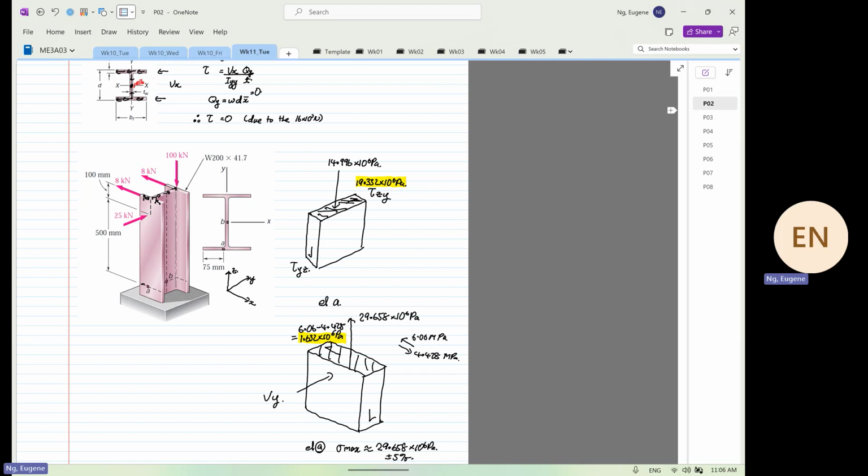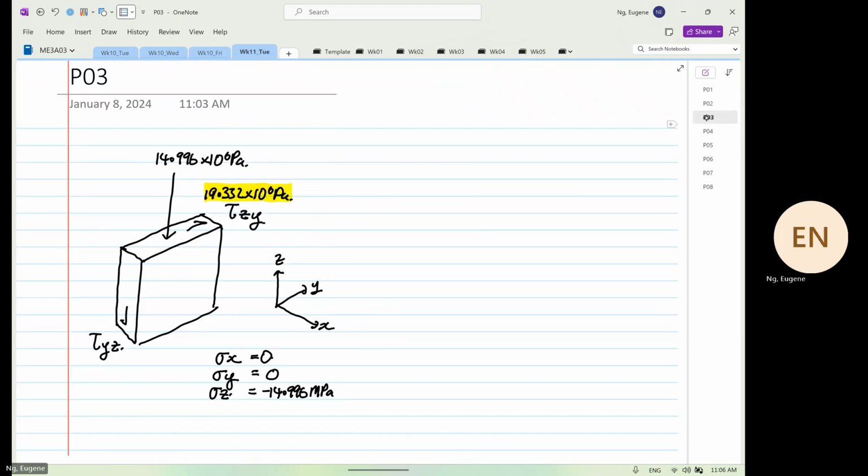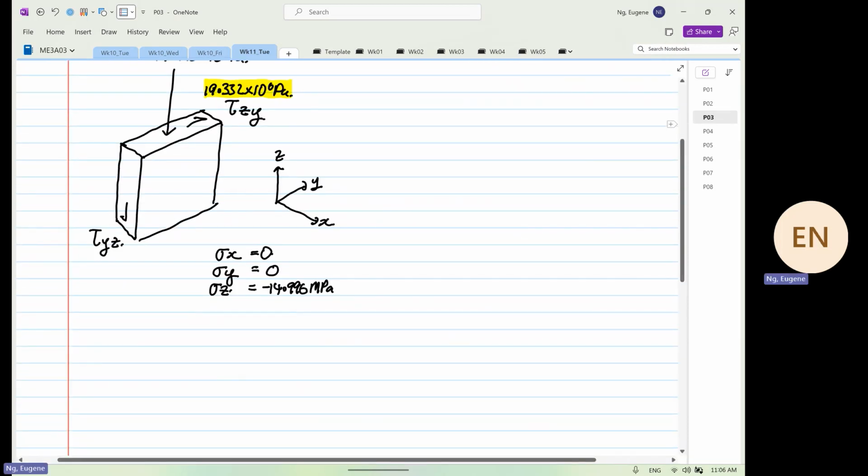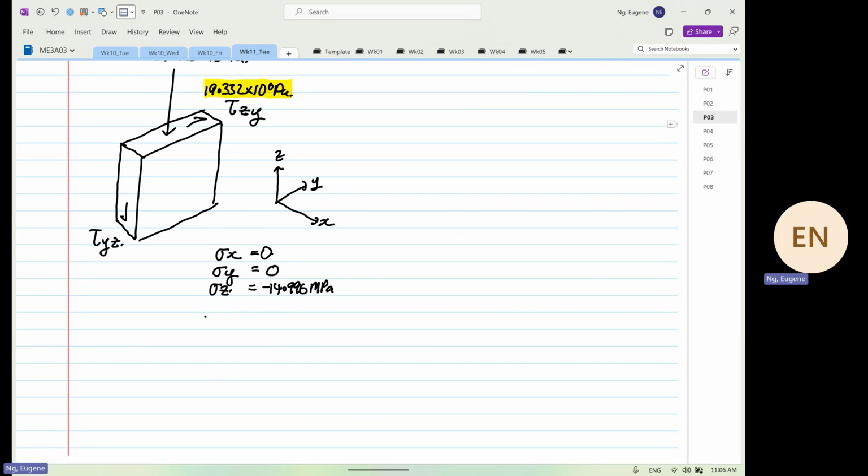So from here, we are going to construct the Mohr's circle. We know that shear ZY is equal to shear YZ and is equal to positive 19.332 times 10 to the power 6 Pascal.